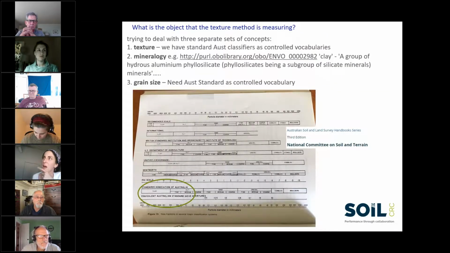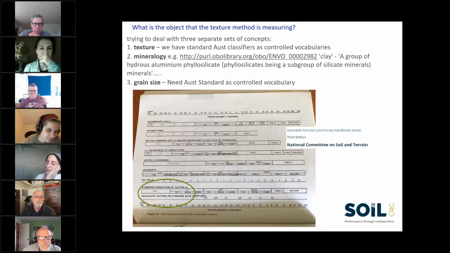But this is an interesting example actually. Poor old Simon on this call was involved in an email chain, which got a bit convoluted, where we realised that when you're trying to measure texture, you've got different methods, different procedures, and what is the object that you're actually trying to measure?